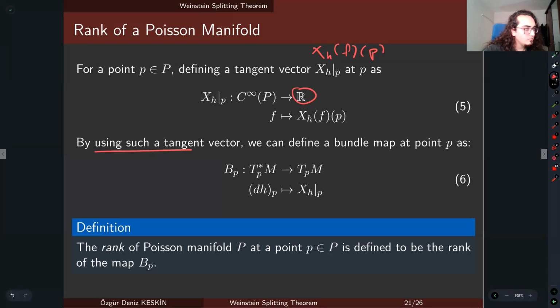And using such a tangent vector, we can define a bundle map at point P, which takes simply the differential of H at P and gives us the Hamiltonian vector field of H. In local coordinates, this is simply a linear transformation, and B_P has a matrix representation here. So we can calculate its rank. And the rank of a Poisson manifold at point P is defined to be the rank of the map B_P.